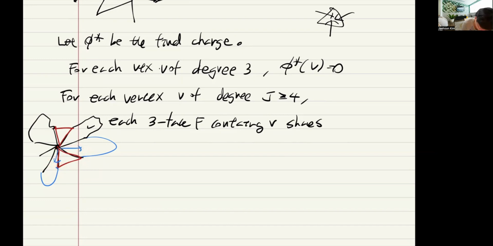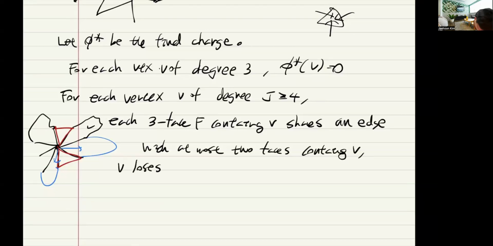So each 3-face F containing V shares an edge with at most 2 faces containing V.